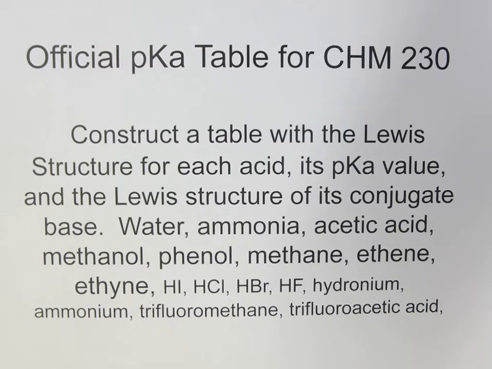So if I'm trying to understand acidity, then it's really useful for me to build a representative table of compounds with their pKa's, and then build in other important information like the Lewis structure of the conjugate base, so I understand the acid-base relationship.